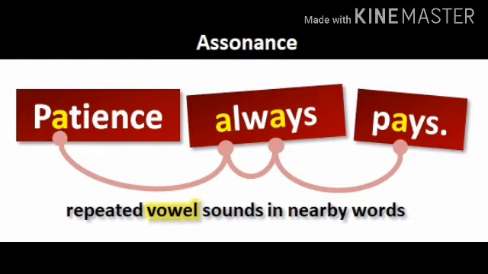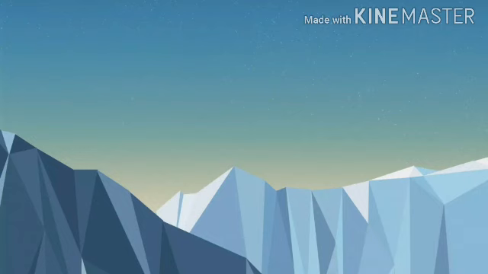And here we have the last example. Patience always pays. So repeated vowel sounds in nearby words is known as assonance. I hope you have understood the difference between alliteration and assonance. Assonance is repetition of vowel sounds, whereas alliteration considers consonant sounds. Thank you for watching.